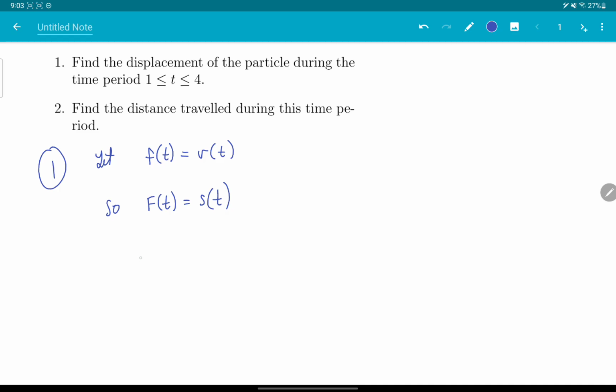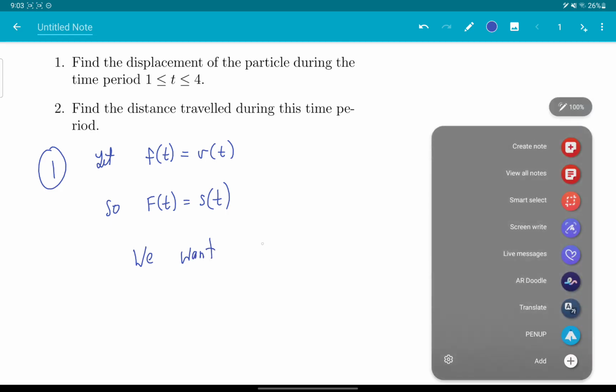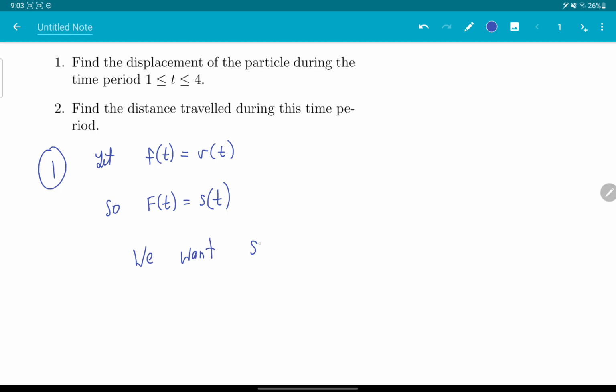Okay, so here for displacement, we want the final displacement minus the initial displacement to find the total displacement here. Okay, so according to our arrangement here, we can have F of 4 minus F of 1.